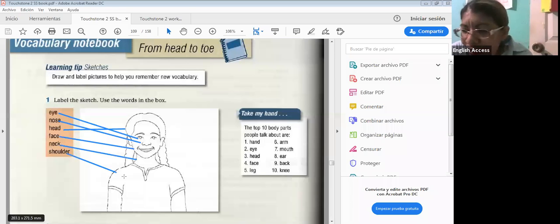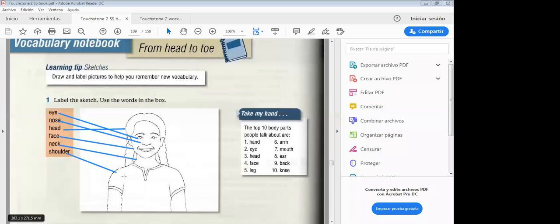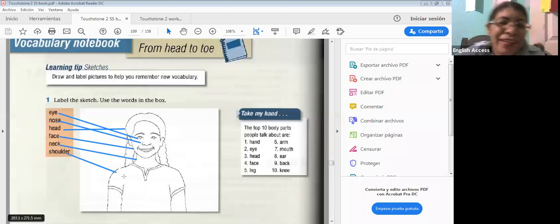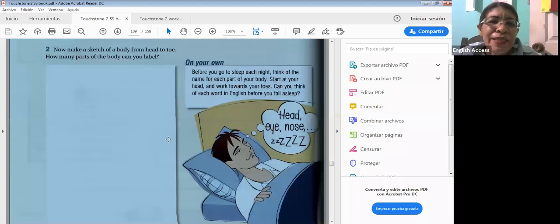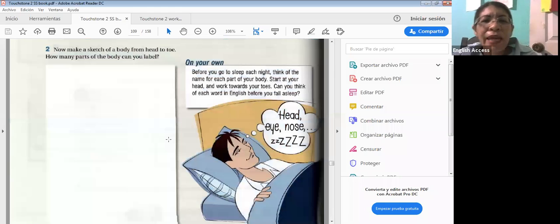Okay, ready? It's something easy, okay? We have eye, nose, head, face, neck, and shoulder, just like this. So this is very, very easy, this part. And then, here it says, now make a sketch of a body from head to toe.